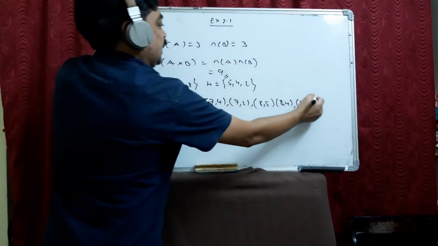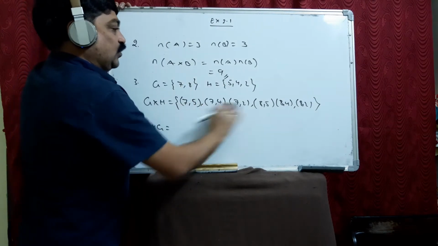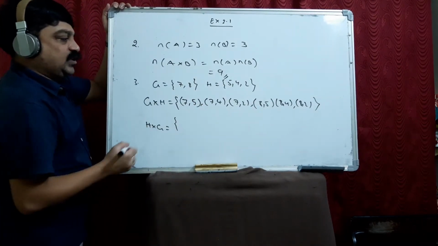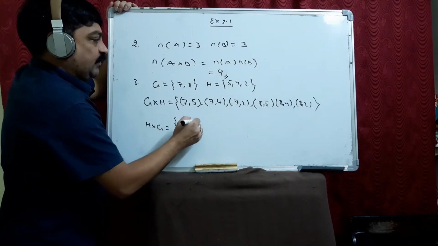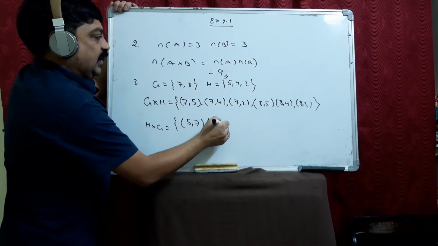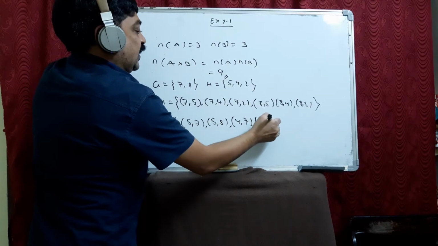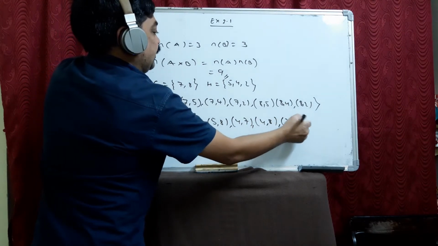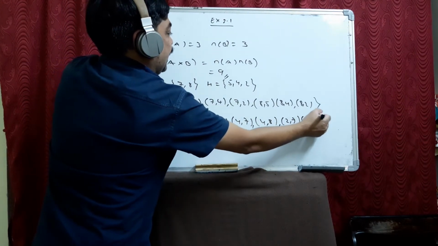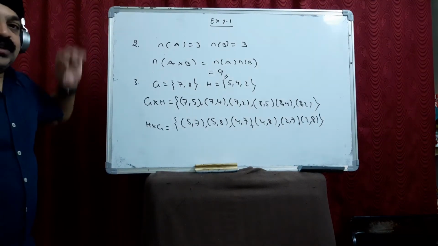That's it. So how many? 2 into 3, total 6. In the same way, H cross G: (5, 7), (5, 8), (4, 7), (4, 8), (2, 7), (2, 8). This is H cross G. Okay.